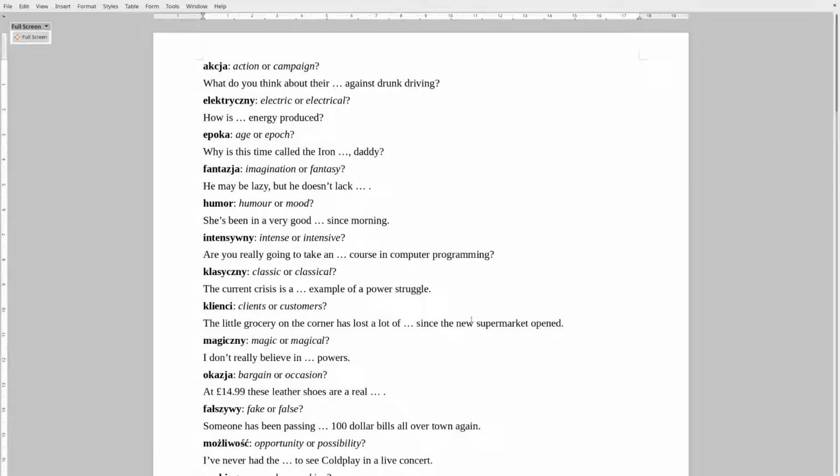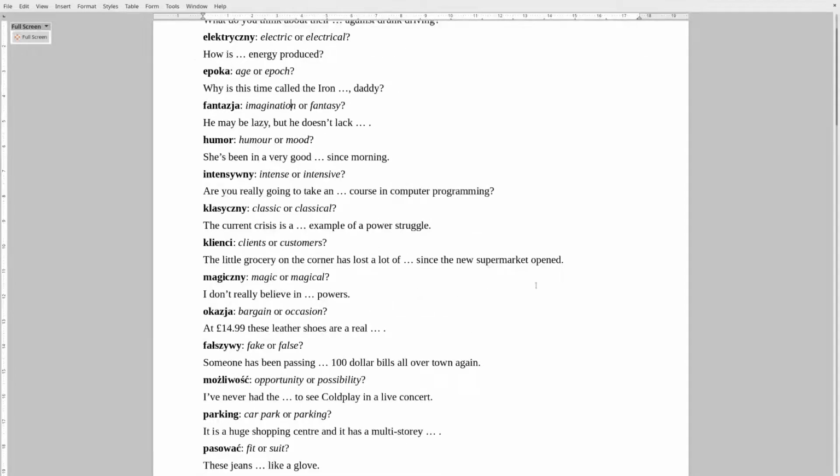Nie brak mu fantazji, right? So the Polish word fantazja has this one meaning which actually means imagination. Of course, the English word fantasy doesn't have that meaning. Humor, humor or mood. She's been in a very good mood since morning, obviously.